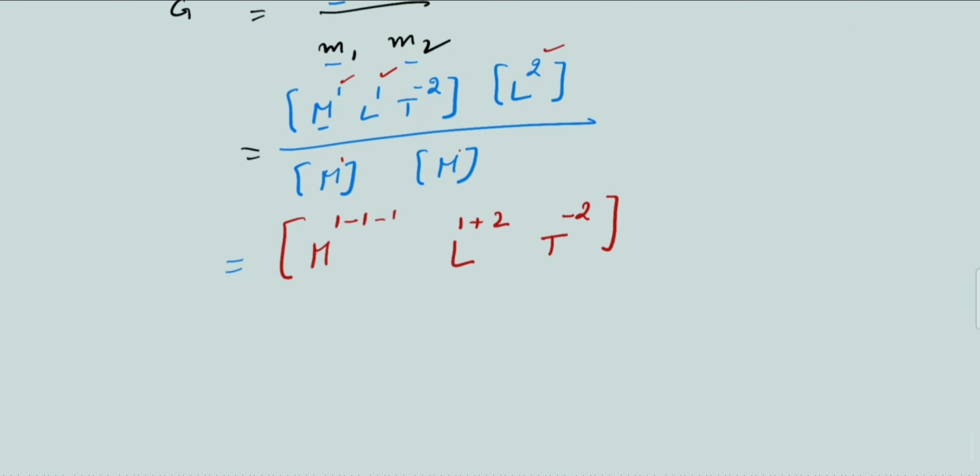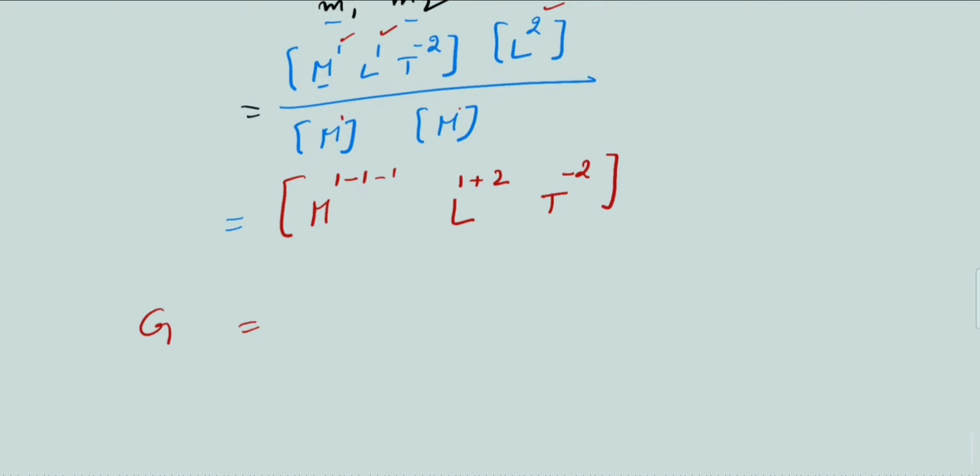So we'll get the dimensional formula for G as M raised to power minus 1, L raised to power 3 and t raised to power minus 2. So this is the dimensional formula for the gravitational constant.